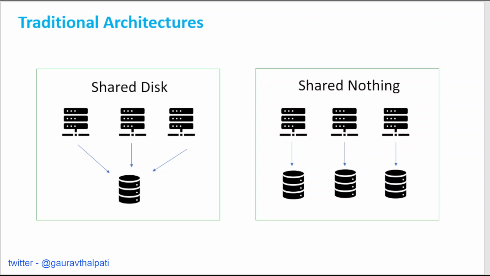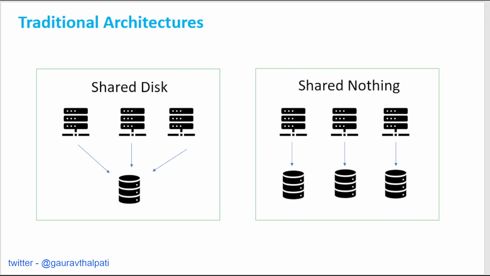Like if you can recollect how our Hadoop architectures were, we had a data node which consisted of the compute power as well as the storage power. And in case you wanted to scale just the storage, you would need a separate data node, and it would end up resulting in additional compute as well, which eventually resulted in more cost.